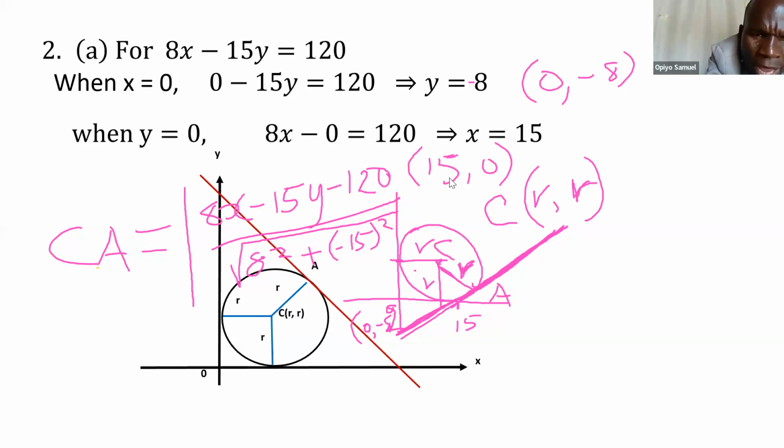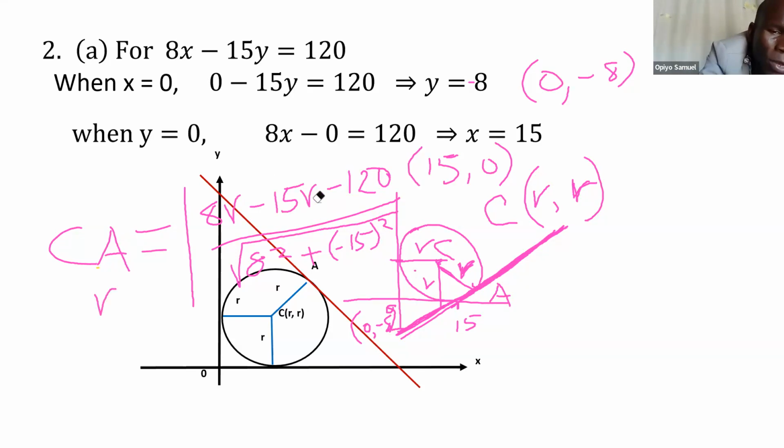Now the x, y here will be representing the center of the circle. And since the center is at r, r, it means instead of x and y here, we put r, r. So it means 8r, 15r minus that. When you simplify this, remember also that the distance CA is the same as r.